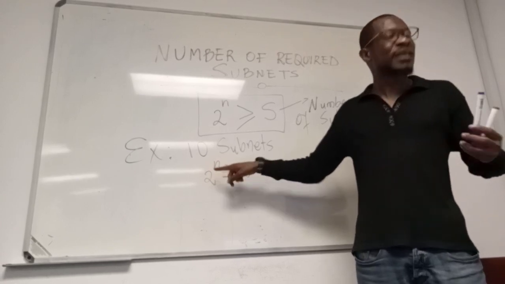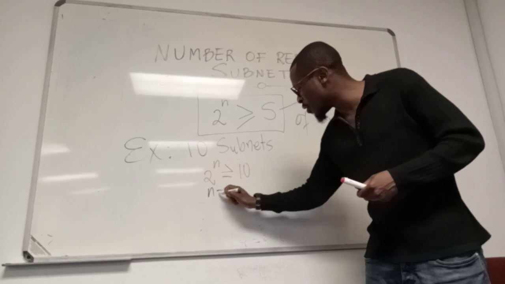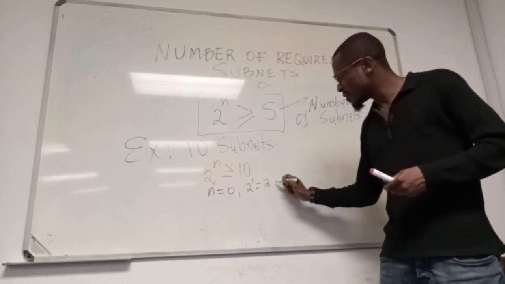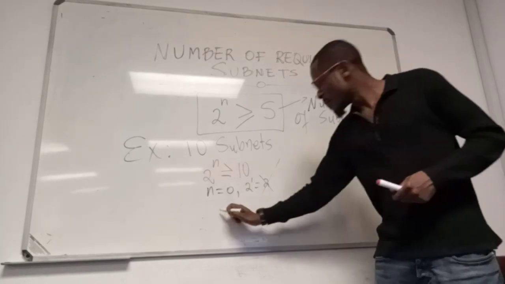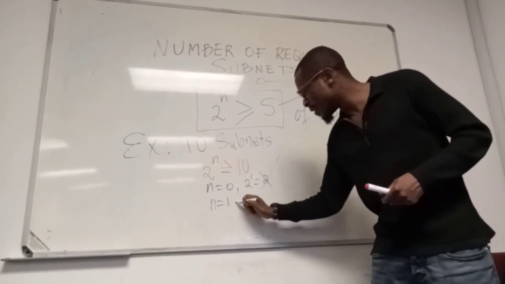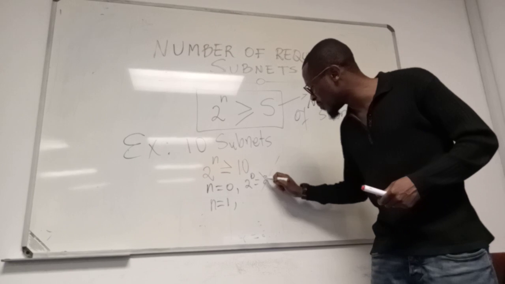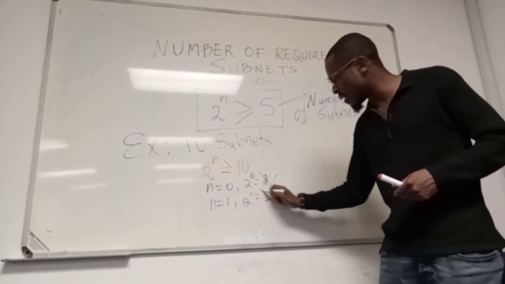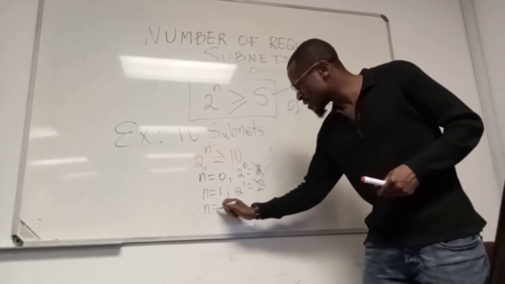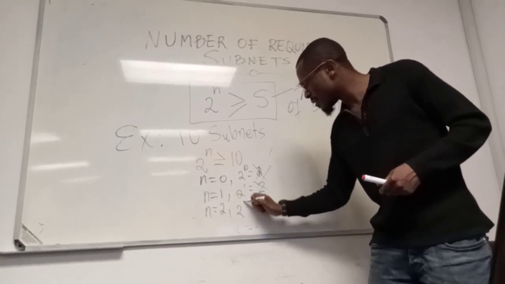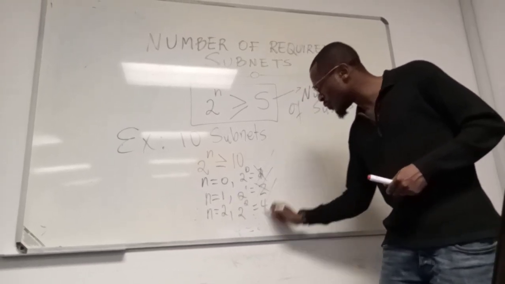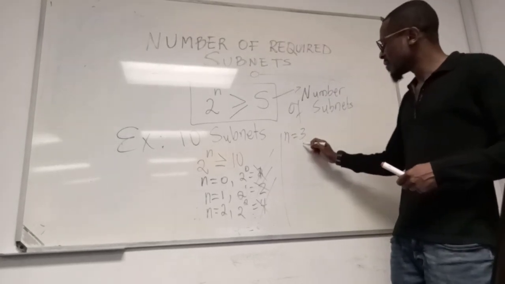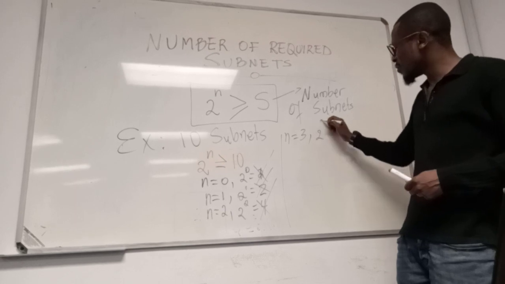With n 0, it's 1. n 1, it's 2, you cancel. n 2, you have 4, you cancel. n 3 is going to be 8, less, you cancel.